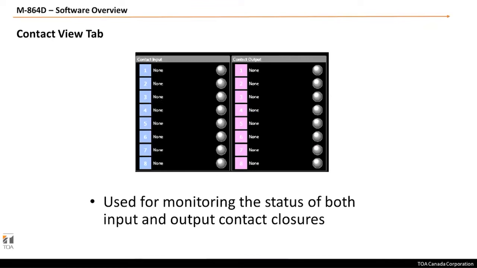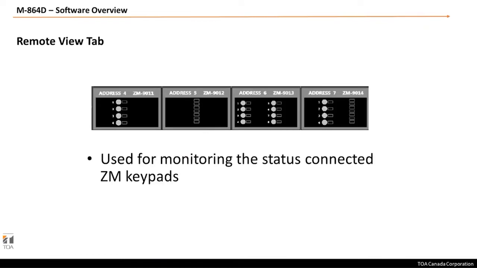Contact view tab. Basically, that's only to show the activity that will be happening on the control inputs and the control outputs of the device. And those are the view tabs for the remote controllers. So you'll see which controller is used under which address of your system.